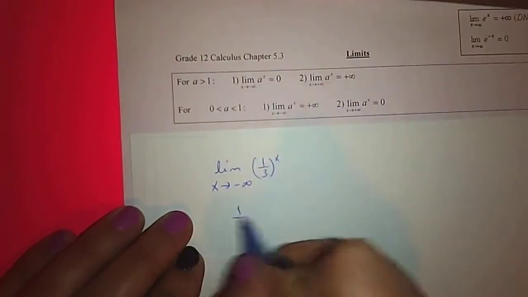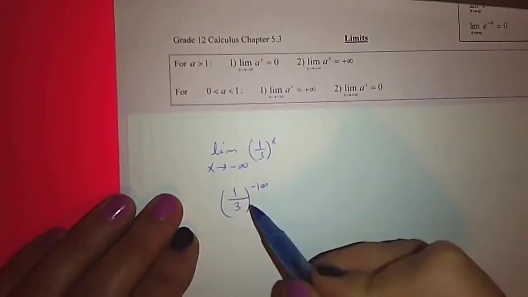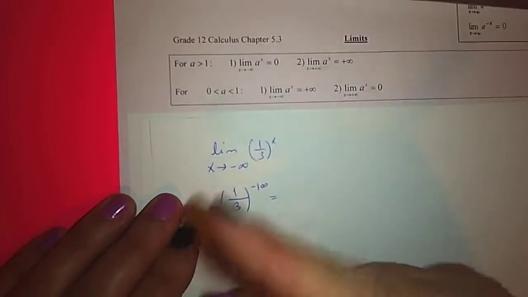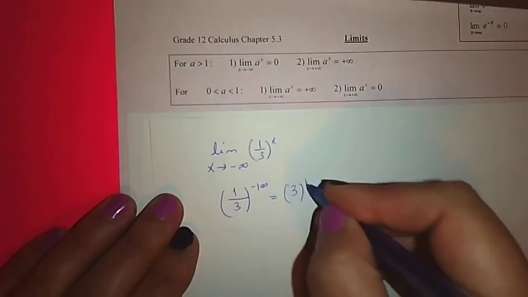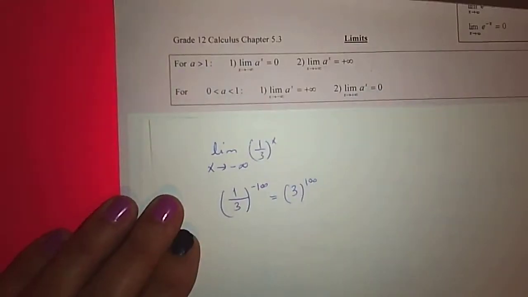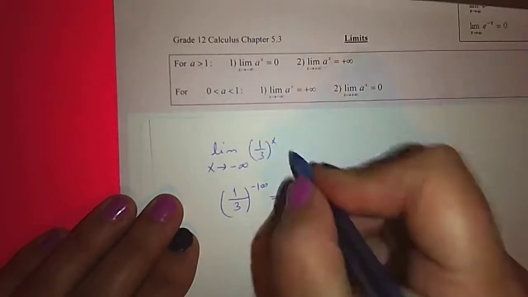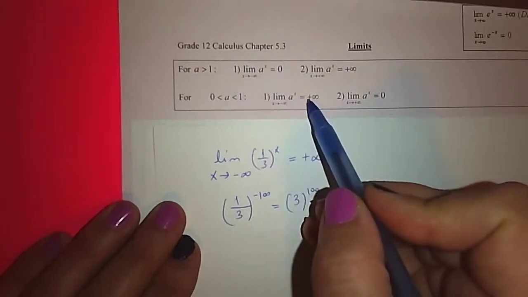So you're substituting a big negative number for x. To get rid of that negative exponent, you need to flip the fraction. You get 3 over 1 to the power of positive 100, and this is a very big positive number. So the limit is positive infinity. And that's where it is coming from.